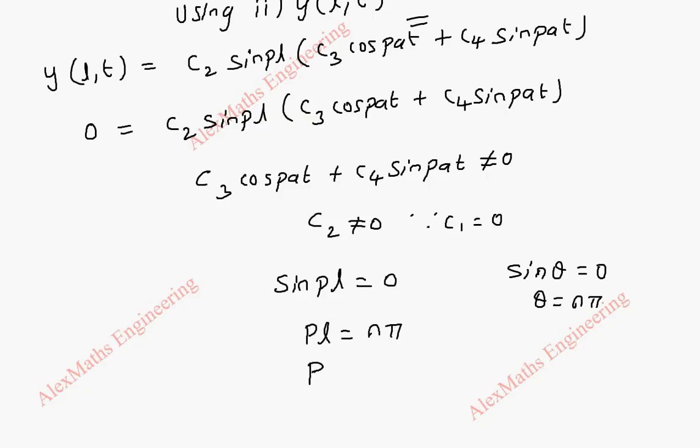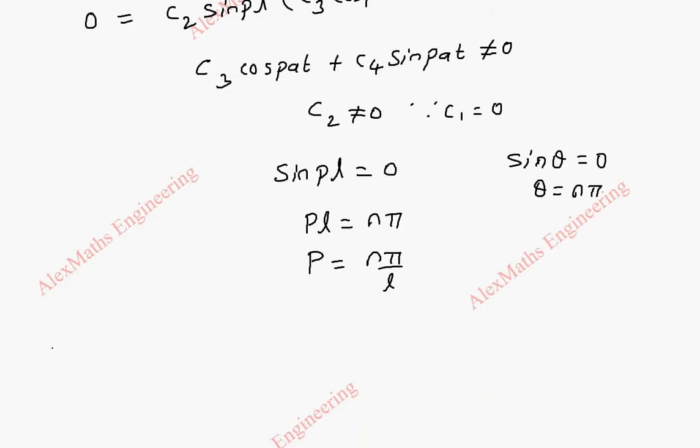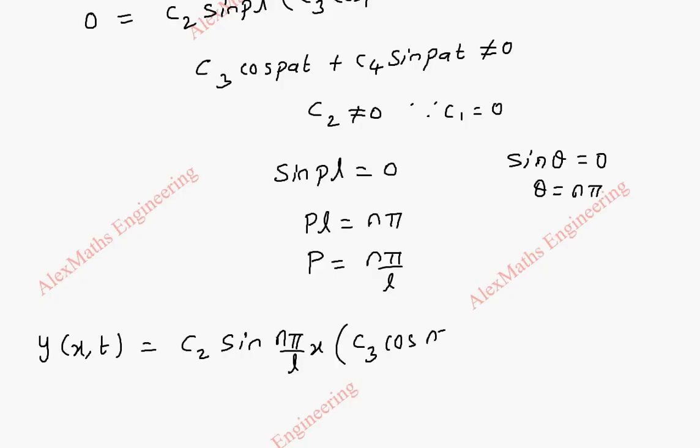From this, p is n pi by L. So we are going to substitute this in our solution. y(x, t) equals c2 sin px, so instead of p we write n pi by L, times x, into (c3 cos(n pi by L at) + c4 sin(n pi by L at)).